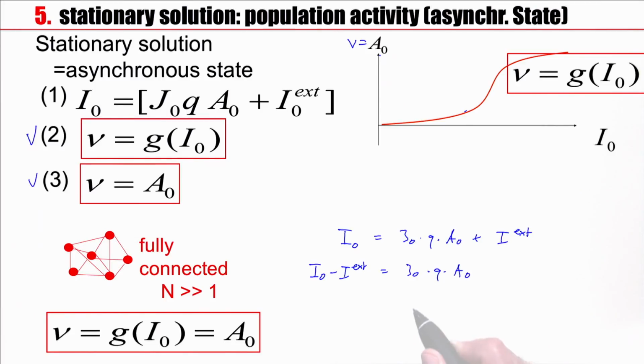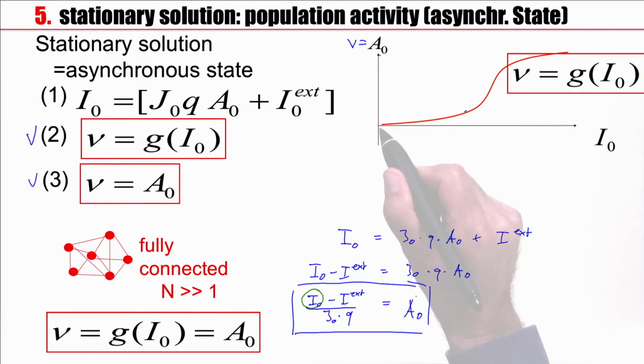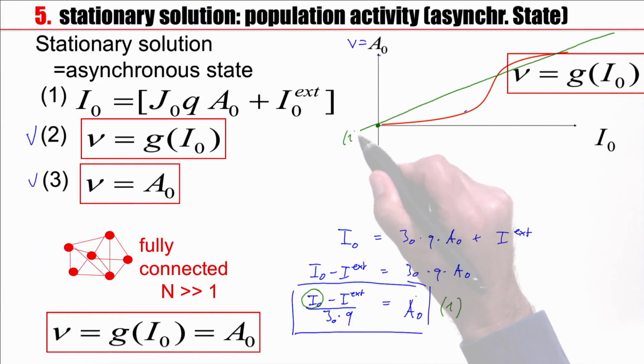Is J0 Q A0, or A0 is I0 minus I external divided by J0 Q. Now here I have A0 as a function of I0. It's linear in I0, and if for the moment I have no external current, then it goes through the origin. So what we find is there's a line, and A0 is a linear function of I0. That's the green function. This is the result of equation 1.